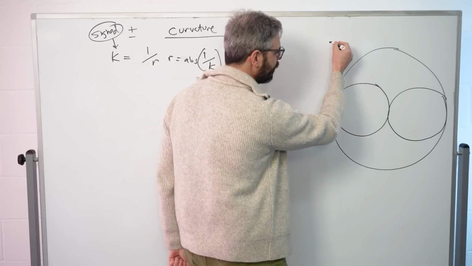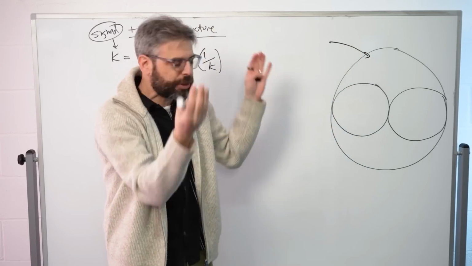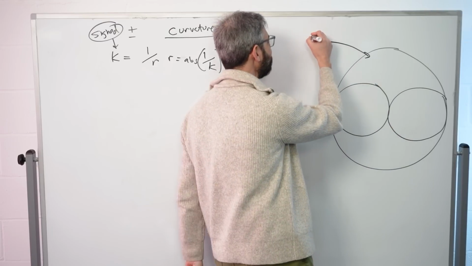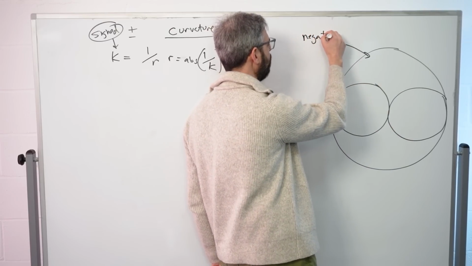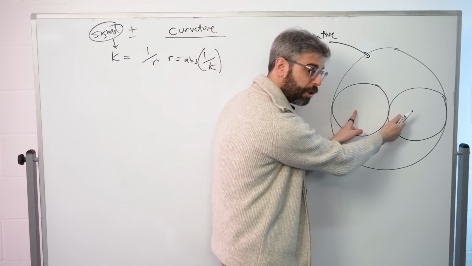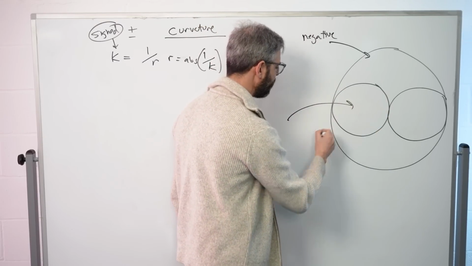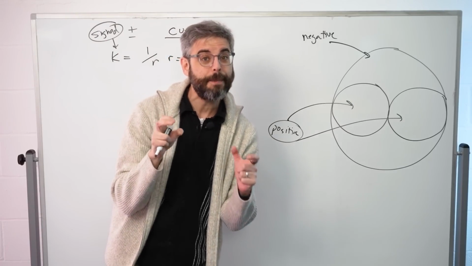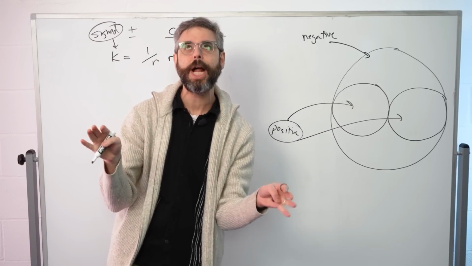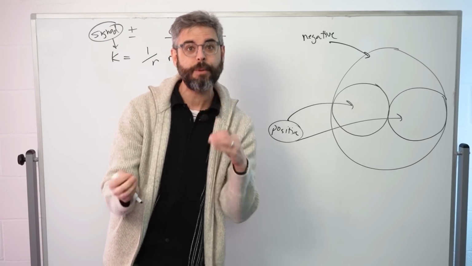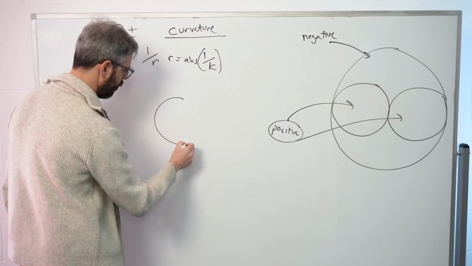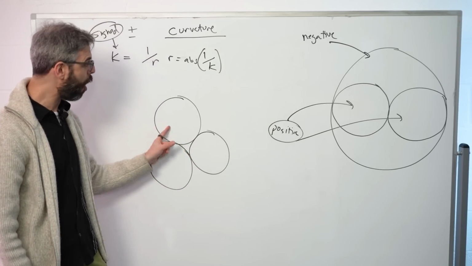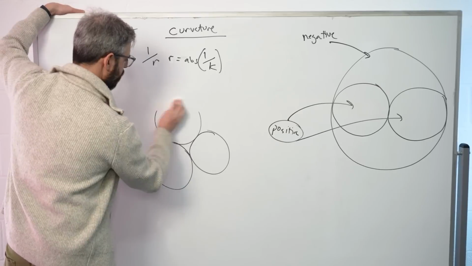Well, this particular circle, which is an outer circle, enclosing these 2 circles, has a negative curvature, whereas these 2 circles here have a positive curvature. If I were to draw 3 mutually tangent circles where none of them enclose each other, they would all have a positive curvature. Here are 3 mutually tangent circles, all with a positive curvature.